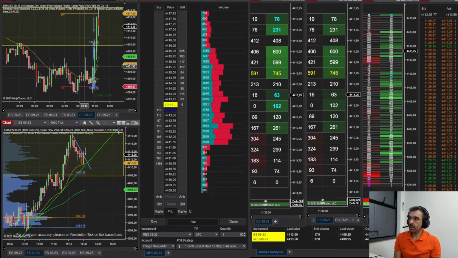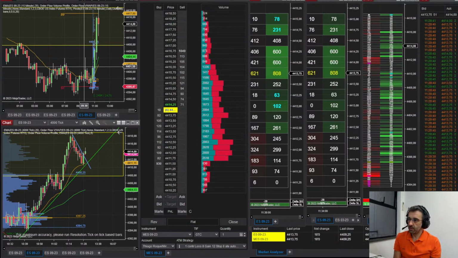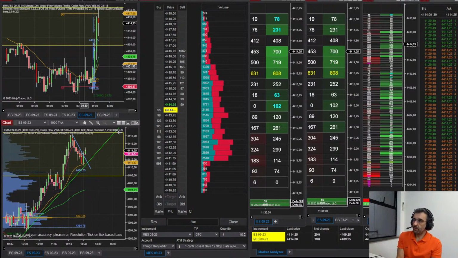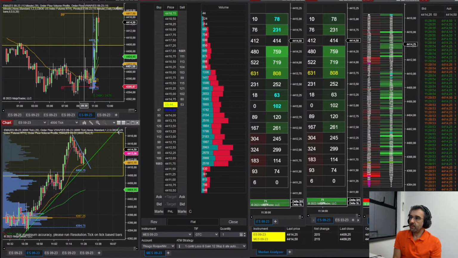We were in a clear uptrend above the 400 and then 409. Now we reach this important region from 11 to 18. In this case, today 11 to 16.